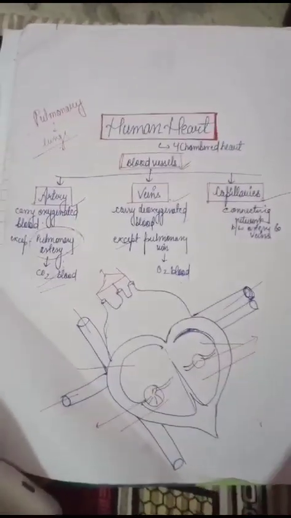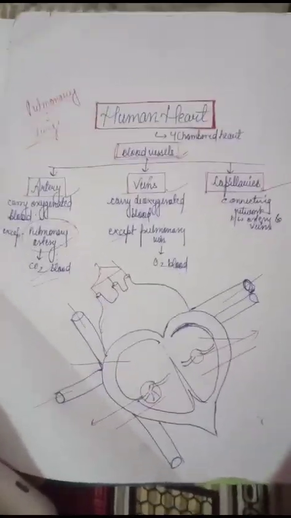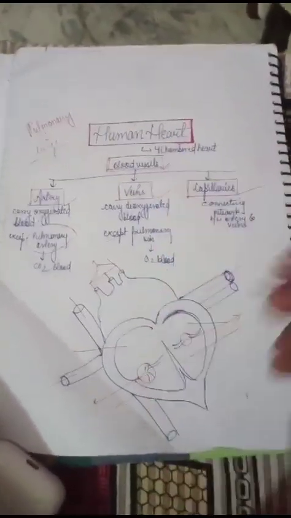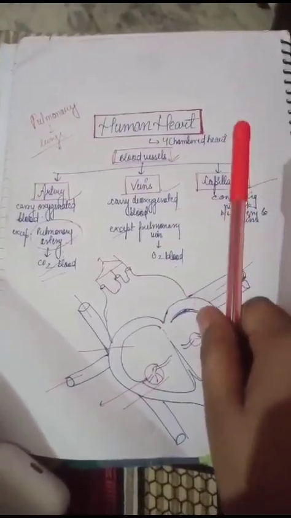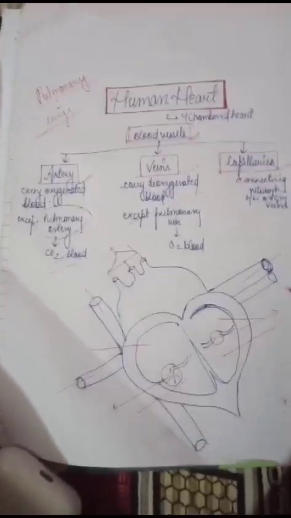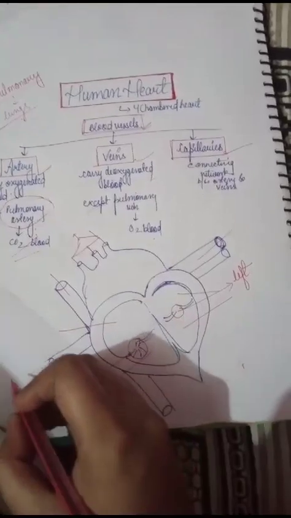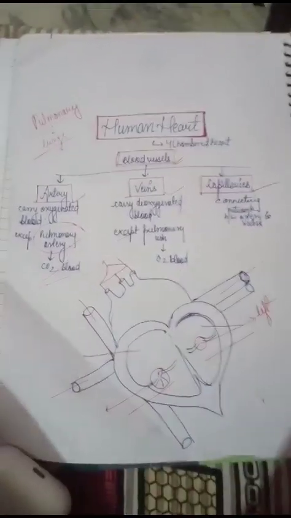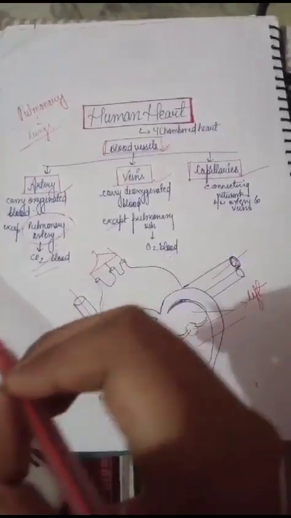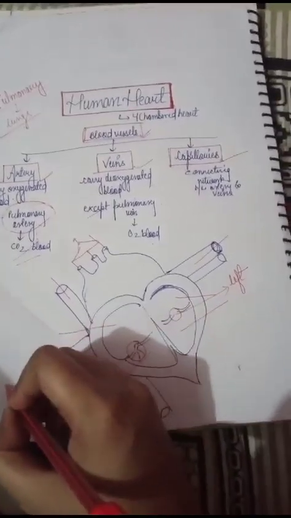As we all know, there are four chambers of the heart. This is my right hand, so on my right hand side we will write left, and on my left hand side I will write right.